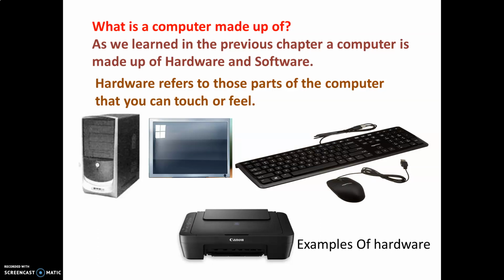As we learned in the previous chapter, a computer is made up of hardware and software. Now what is hardware? All the parts of the computer that you can touch or see are called hardware, like the CPU, monitor, keyboard, mouse, printer, the cable wire. All these are examples of hardware.